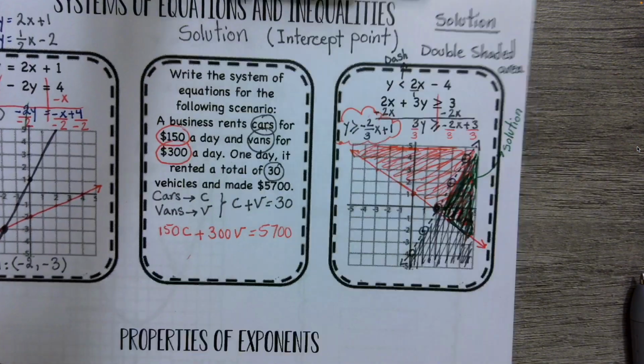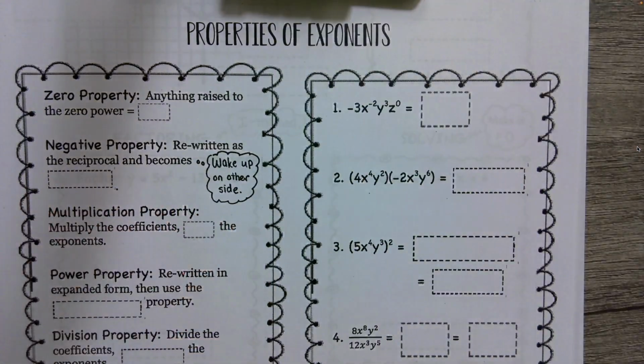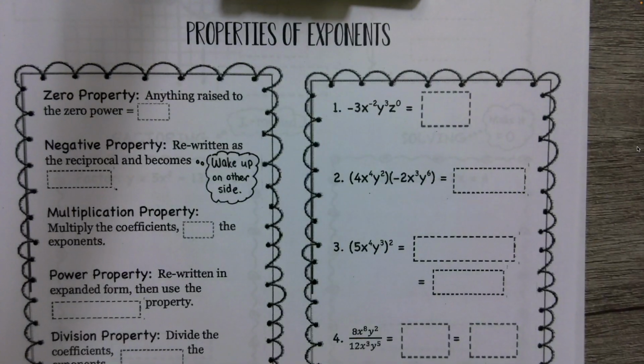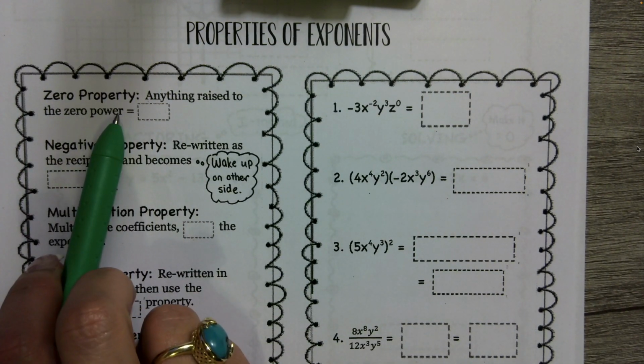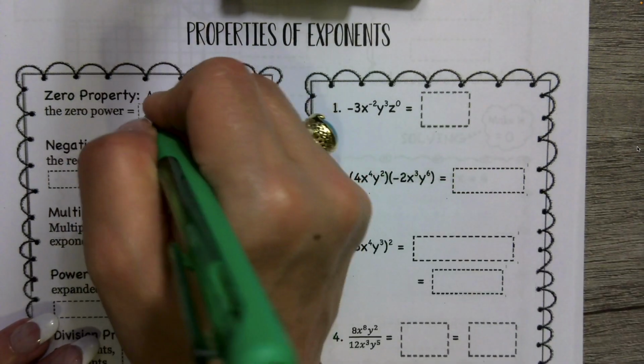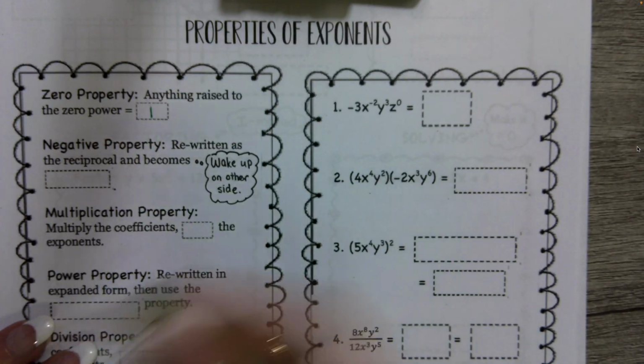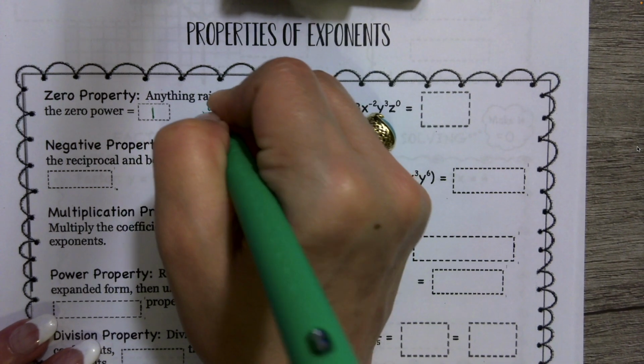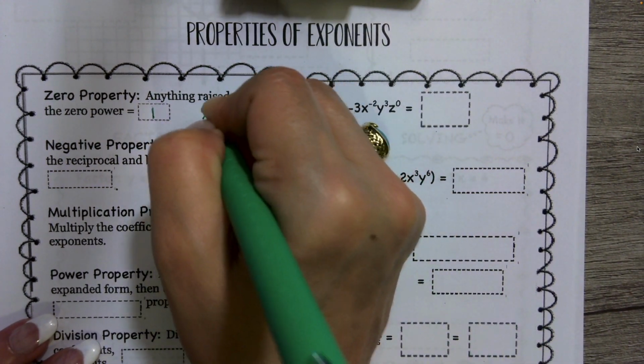Got it? Okay, let's move to how to talk about properties of exponents. Okay, zero property. Anything raised to the zero power equals 1. For example, x to the 0 equals 1. 2 to the 0 equals 1.